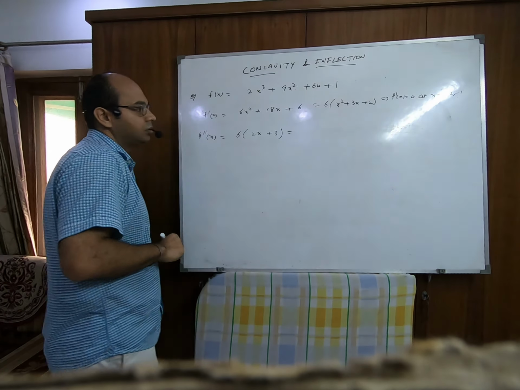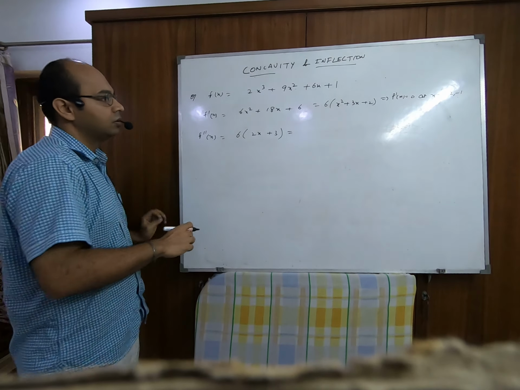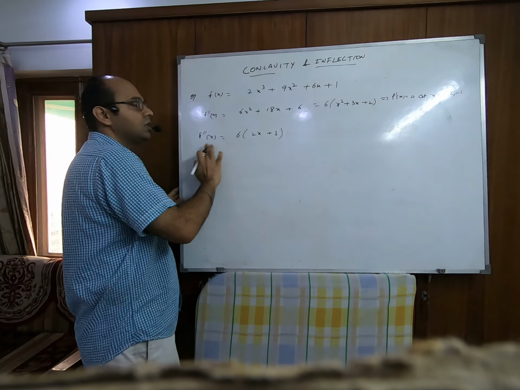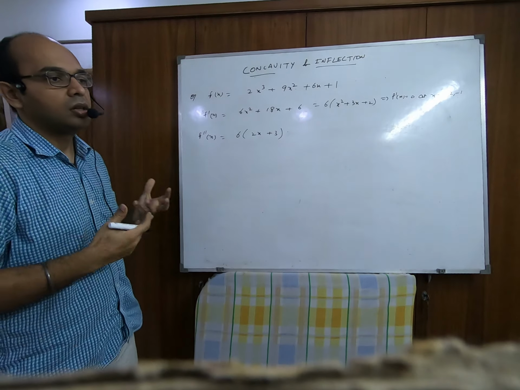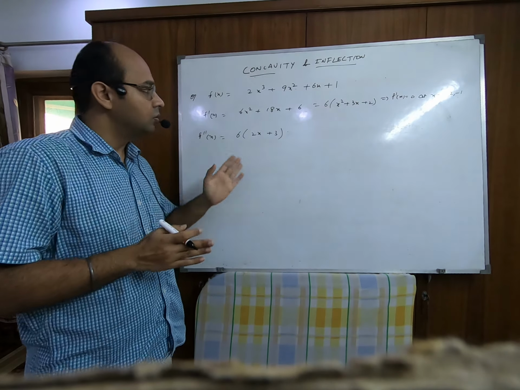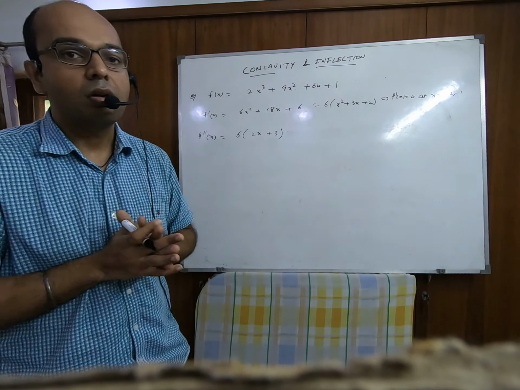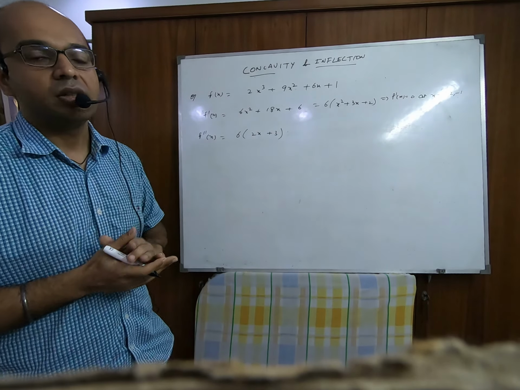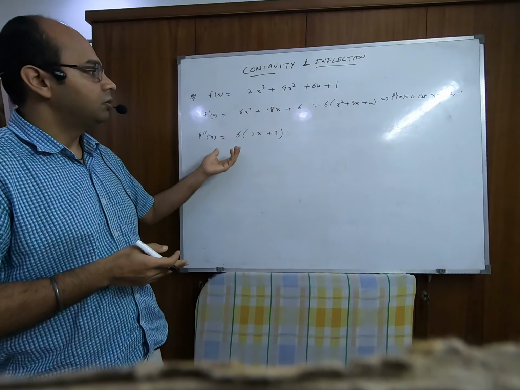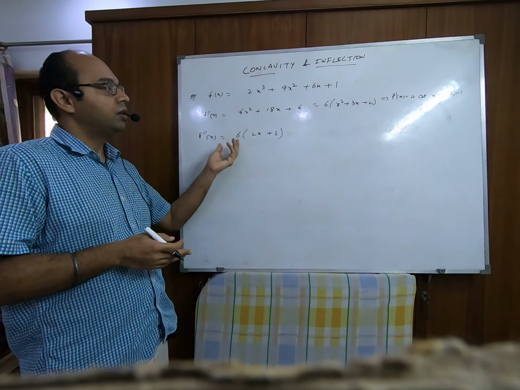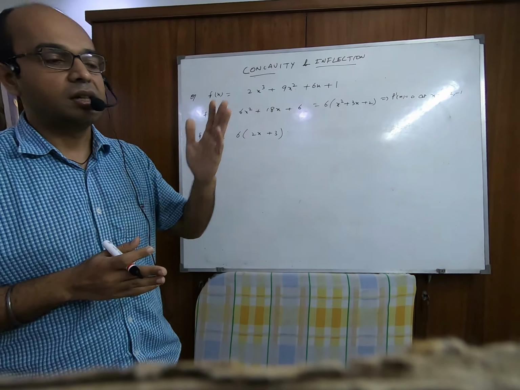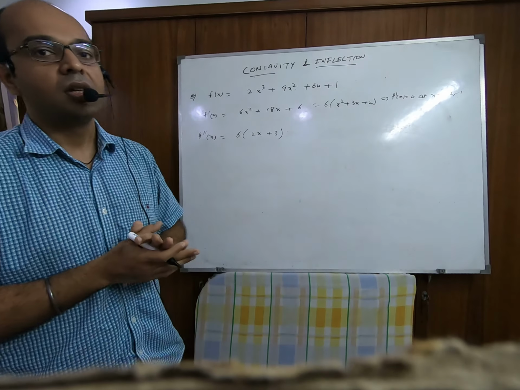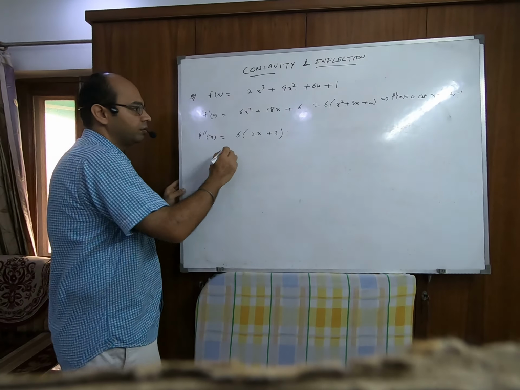And f''(x), if we see the sign of this, because if we are to find out concave up or concave down portion, then we must know the sign. If f''(x) is positive, it will be one sort of curve. If f''(x) is negative, that is f'(x) is decreasing, then it will be different.